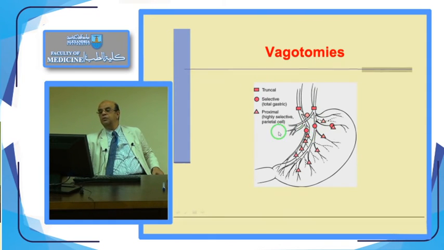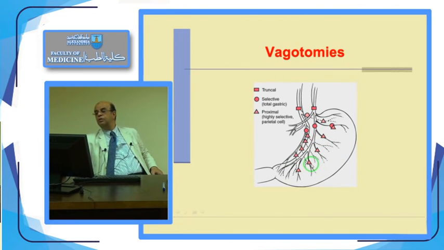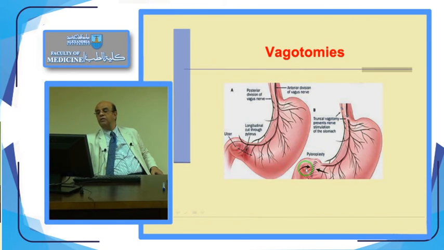The new highly selective procedure leaves the vagus nerve completely, but when it gives branches to the stomach, each of them is cut, and this prevents the stimulation of the parietal cells to produce acid, but the nerves of Latarjet that go to the pylorus are maintained, and this permits relaxation of the lower pyloric sphincter.